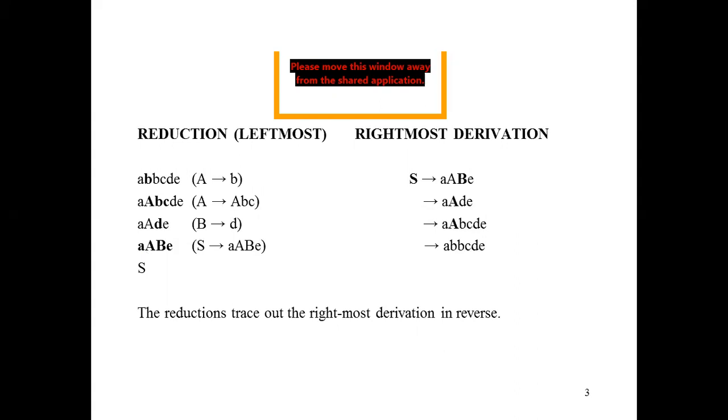If you are unable to reduce the given string and unable to achieve this final value of the given grammar, then we can say our given grammar is faulty.